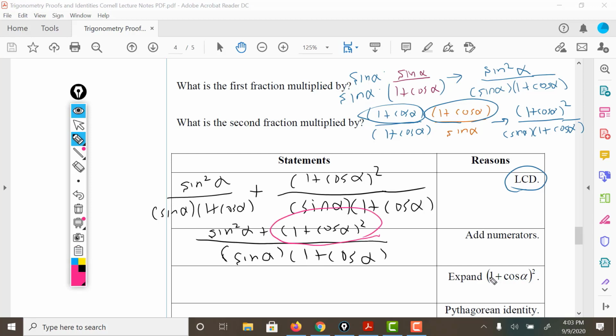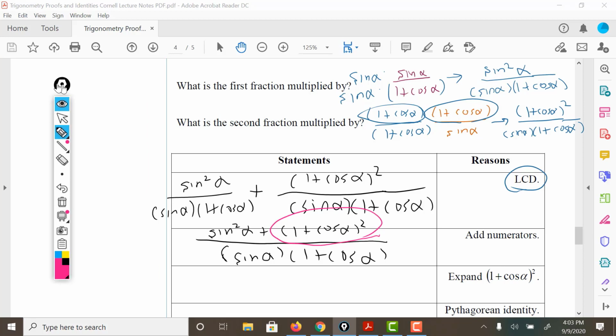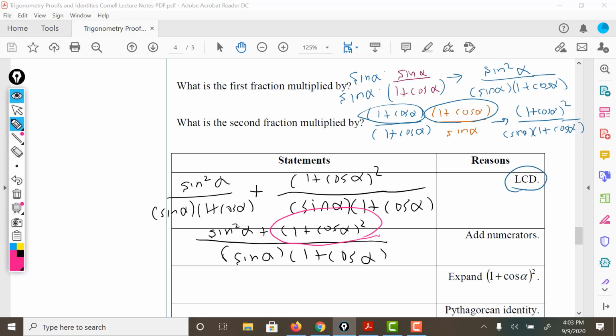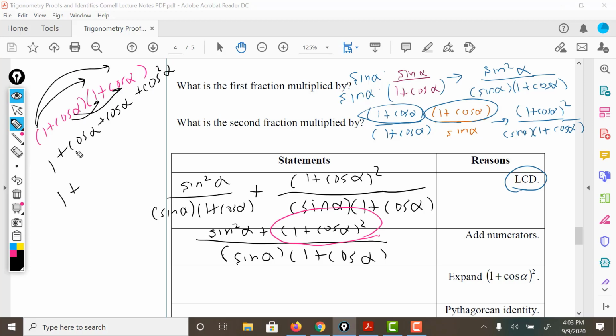We're going to expand 1 plus cosine alpha squared. Side note, that is 1 plus cosine alpha times 1 plus cosine alpha. If you distribute that, you have a cosine alpha plus another cosine alpha. That's 2 cosine alphas. Why are those 2 and not squared?